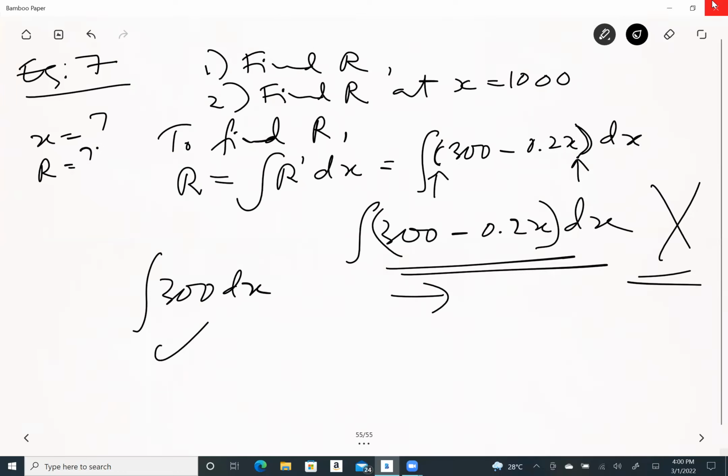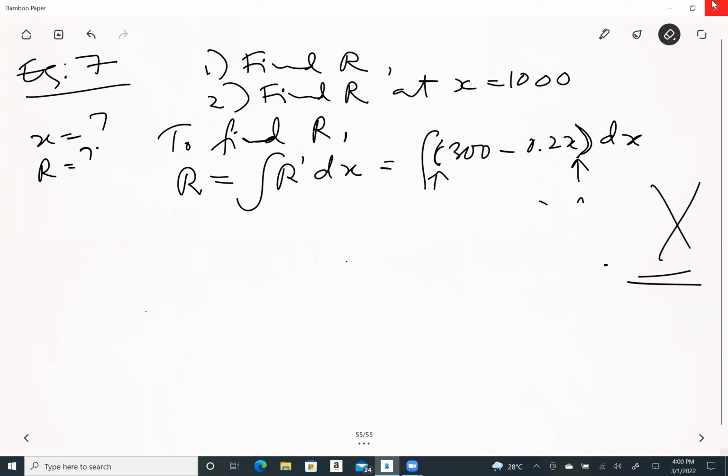At the beginning, you have to make it a bracket so that we are indicating we are going to integrate the whole function, and the notation should be correct. So that's how you do the notation.